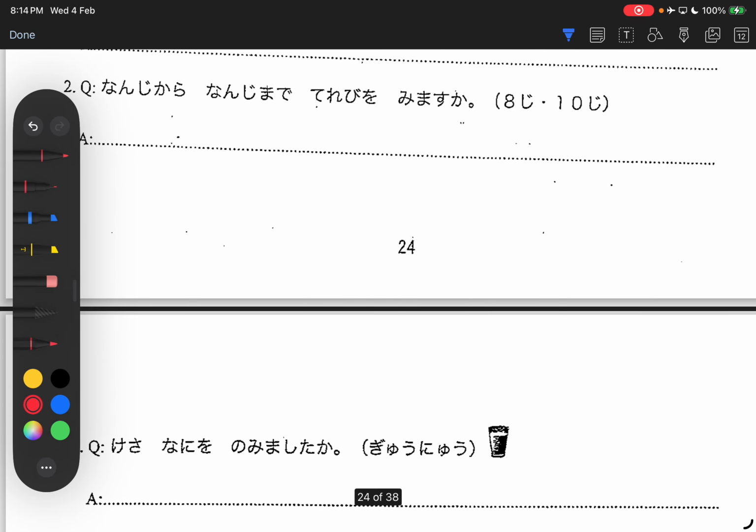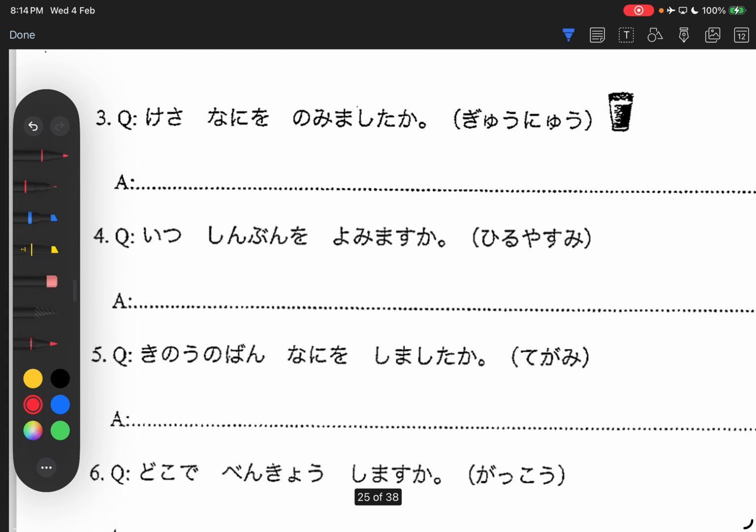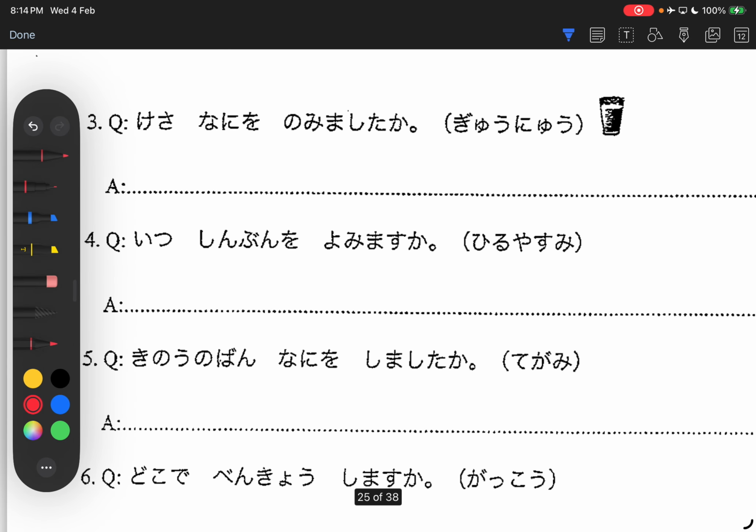No questions? Next page. 今朝何を飲みましたか? I know it's milk, but please correct my pronunciation. 今日milkを飲みました. I don't know how to read the milk. G-Y-U-U, how do you pronounce this? Gu, then N-Y-U-U.